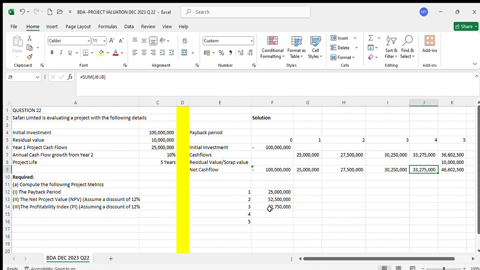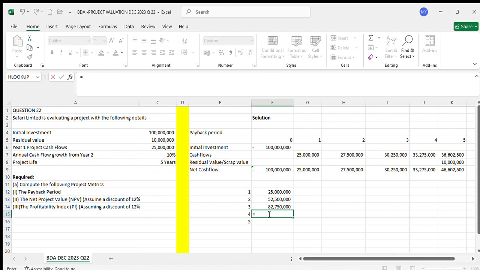So we want to know how much, what is the percentage. So we can do the 100, which is the initial investment, minus year 3. So we only need 17 million to be recovered from the 4th year, and we are making a total of 33 million.